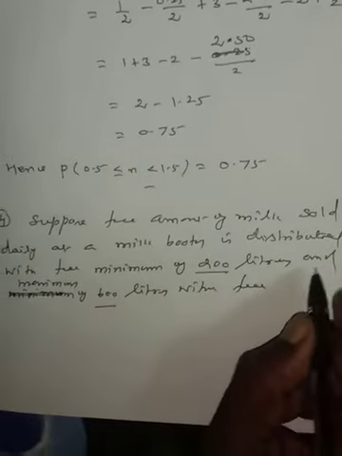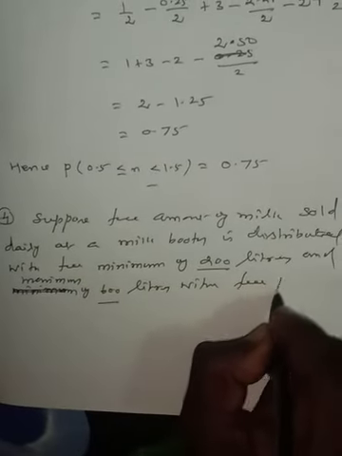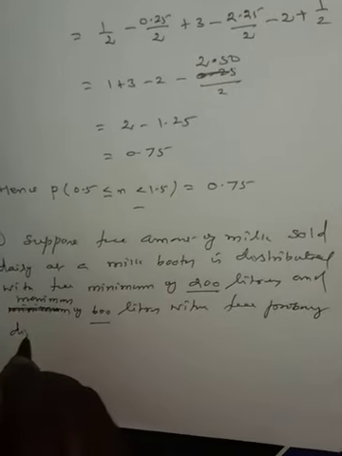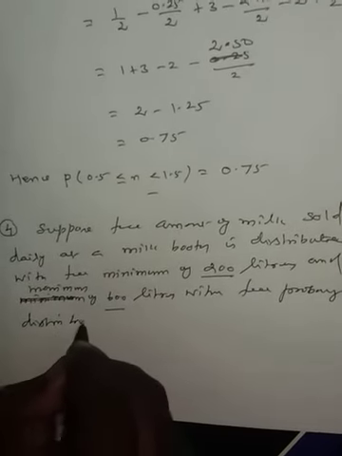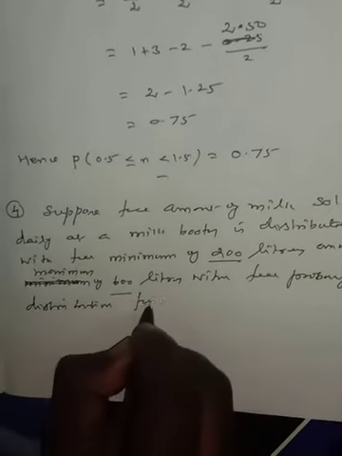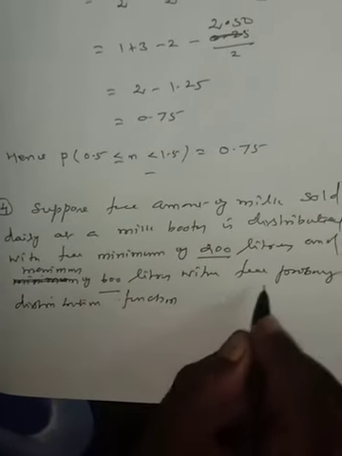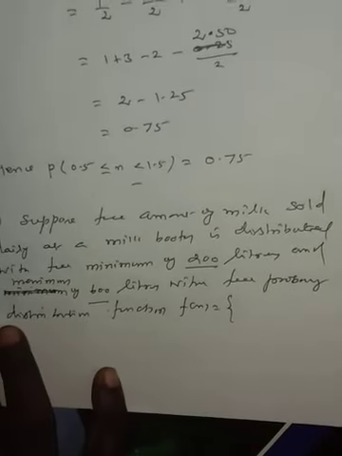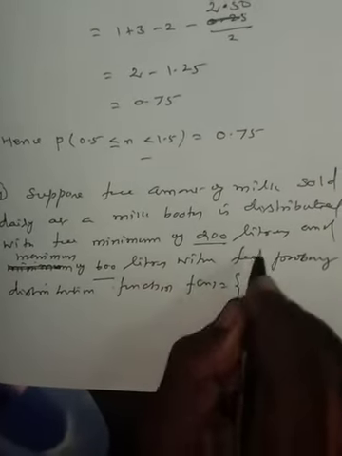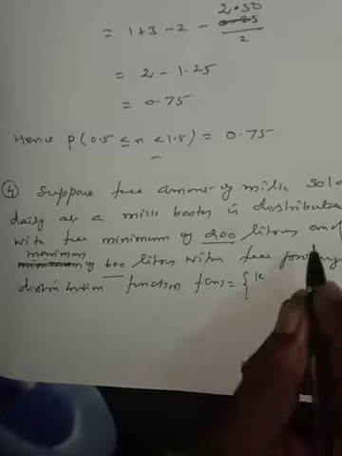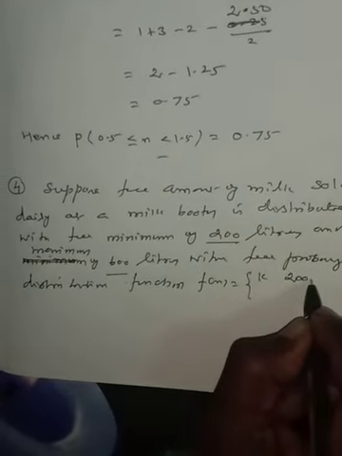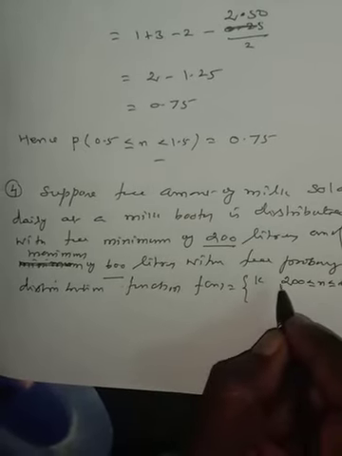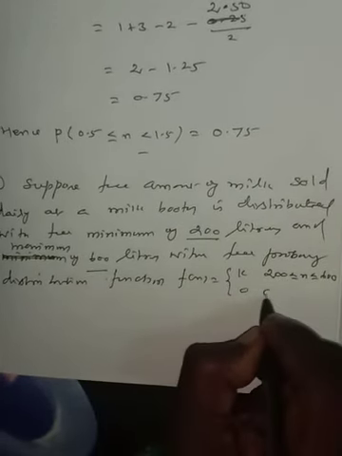With the probability distribution function f of x is equal to k, for 200 less than or equal to x less than or equal to 600, 0 otherwise.